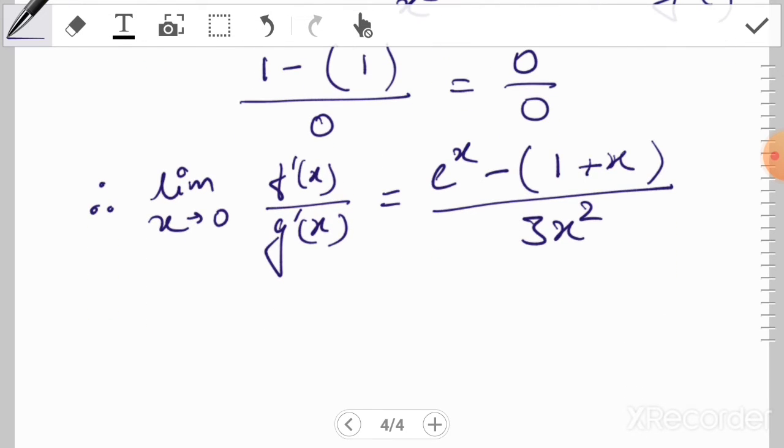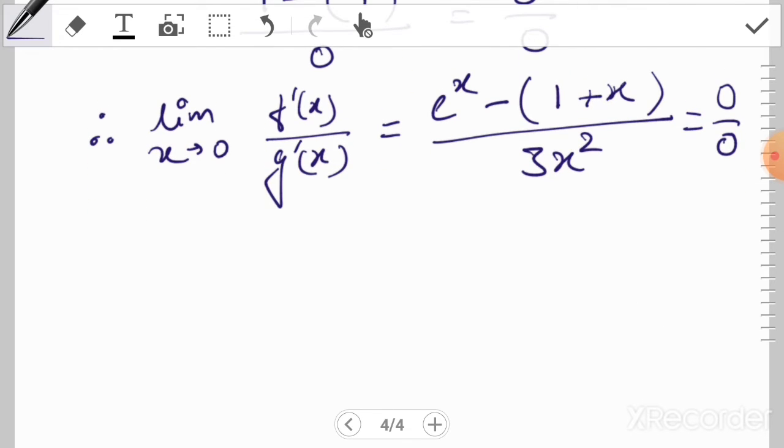So again, if you put x equal to 0, this is again in the 0 by 0 form, right? So let us differentiate this once again.